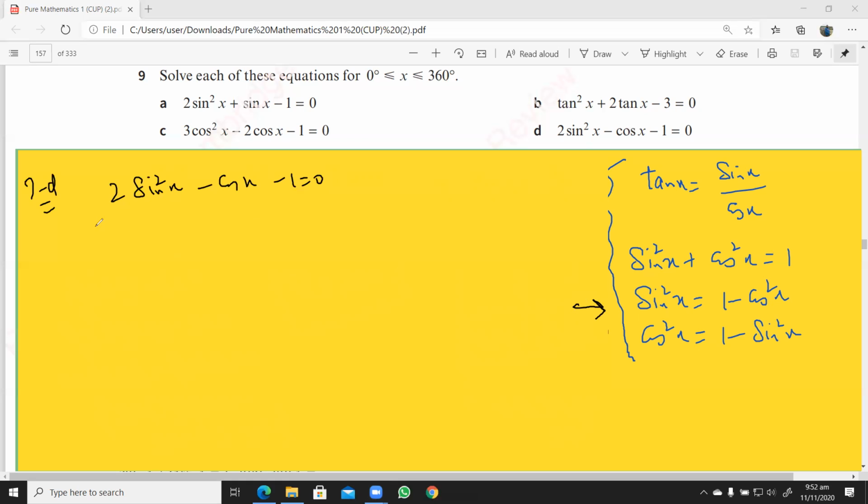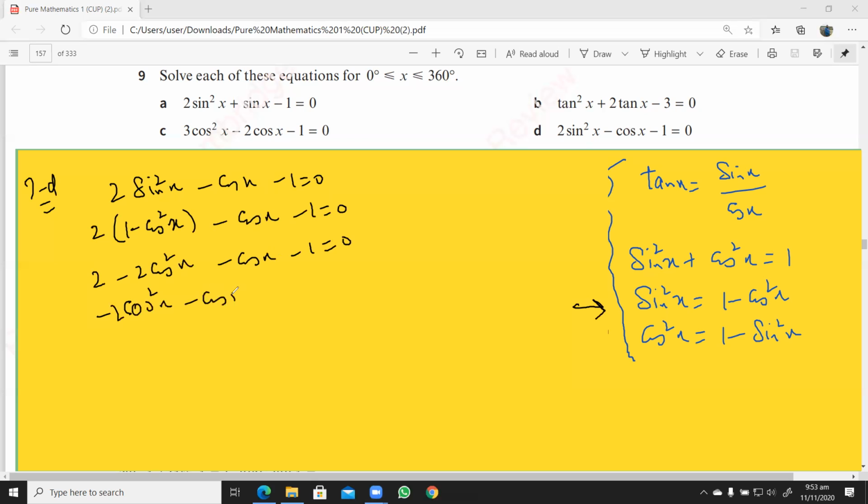Okay, so we'll be writing it as 2 into 1 minus cos square x minus cos x minus 1 equal to 0. This is 2 minus 2 cos square x minus cos x minus 1 equal to 0, so minus 2 cos square x minus cos x plus 1 equal to 0.